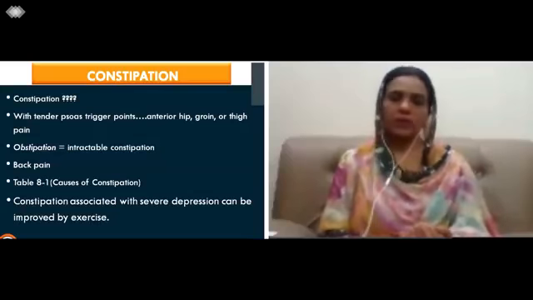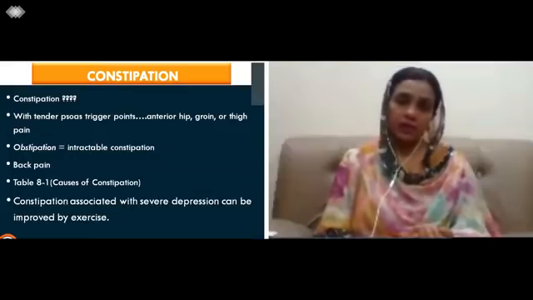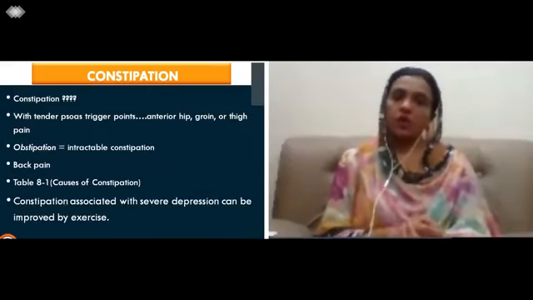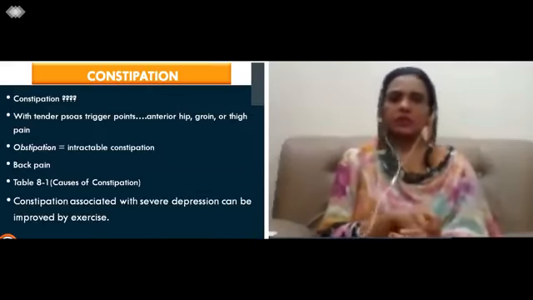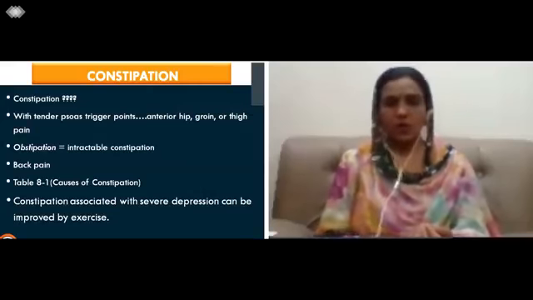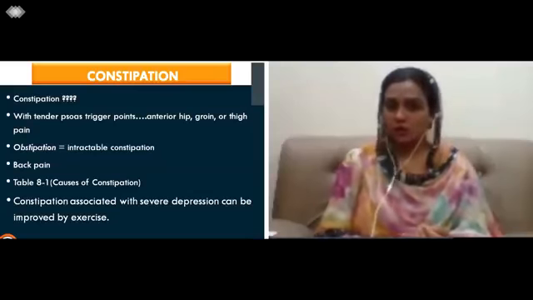This is common in old age, where the patient is unable to remember when, or how many weeks before, he last evacuated by himself. So that is called obstipation. Almost always, obstipation is related to back pain, and it is a source of back pain.